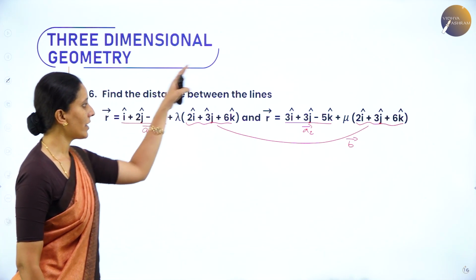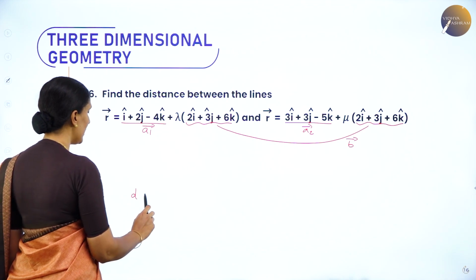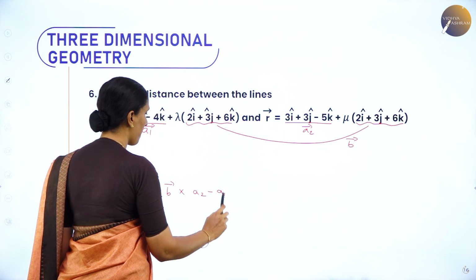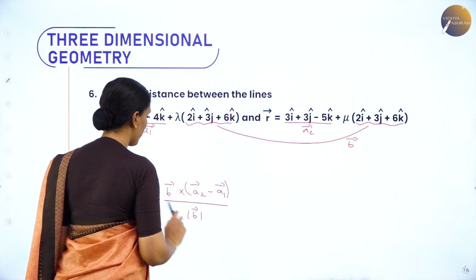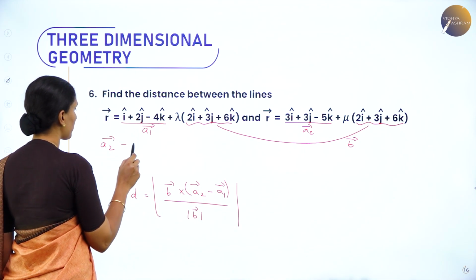Now since the two lines are parallel to the common vector, the formula is given by D is equal to magnitude of B cross A2 minus A1 whole divided by magnitude of B. Now first let us find out what is A2 minus A1.